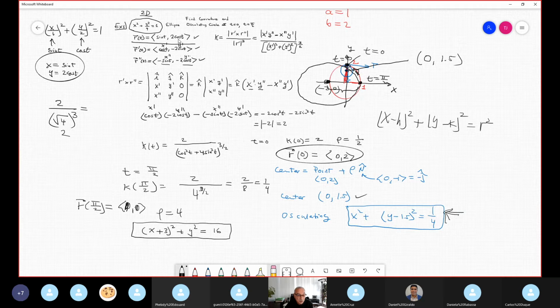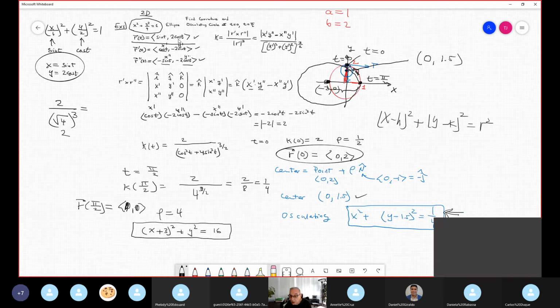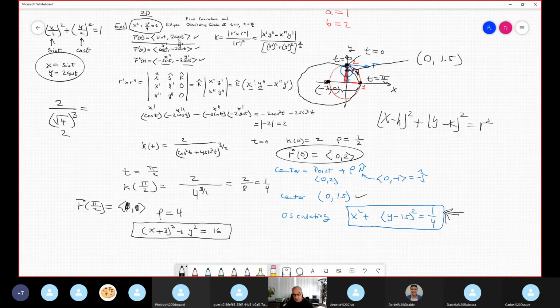This is the position. How do you get the center? Look, I discovered that the position vector at pi over 2 is at that point. Yes or no?